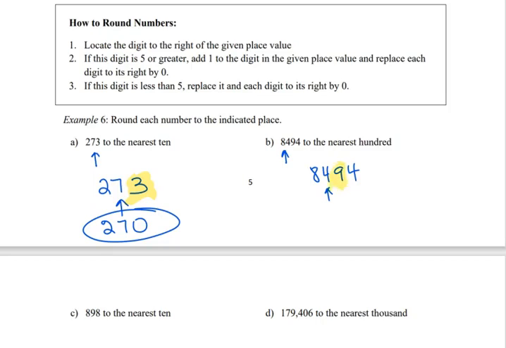Because it is 5 or greater, we have to change the 4 to a 5. So you have 85, and that is your step number 2. Then we replace the remaining digits with zeros. So 8494 rounded to the nearest 100 gives us 8500.